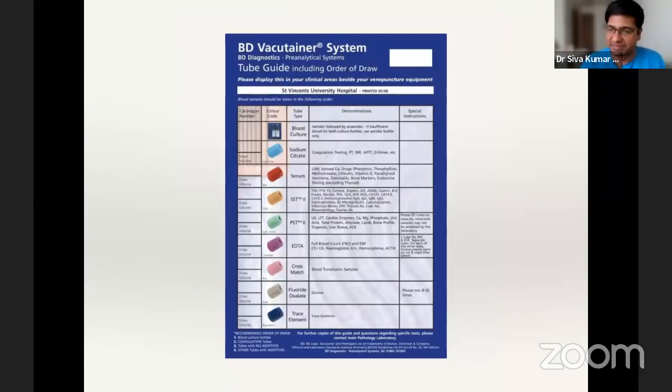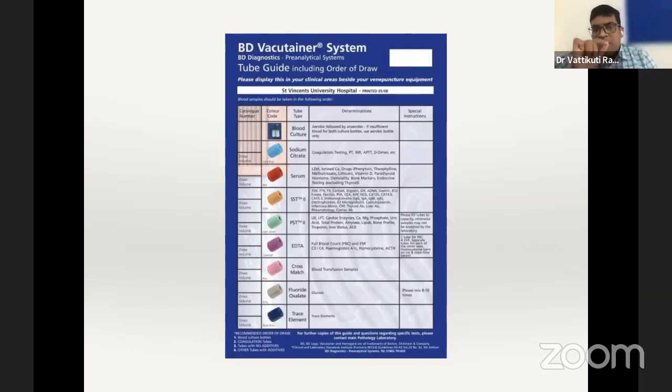Yes. So here, the most important thing is the blue top container, which contains sodium citrate. All your coagulation tests, your PT, APTT, INR, D-dimer, would be done with sodium citrate. What you have to remember very clearly is, it has a fixed amount of sodium citrate, and you need to add a fixed amount of blood to that.